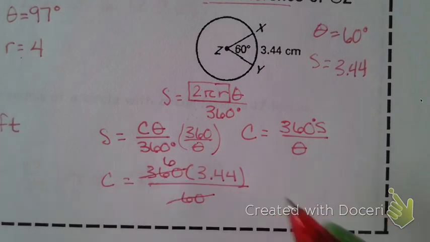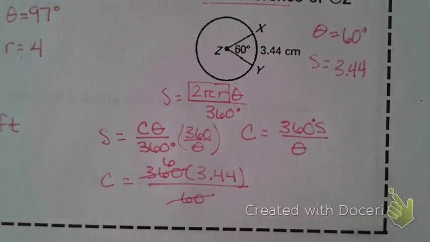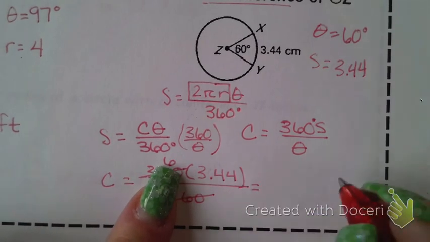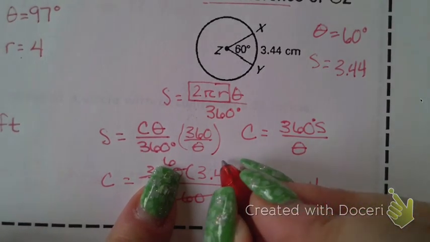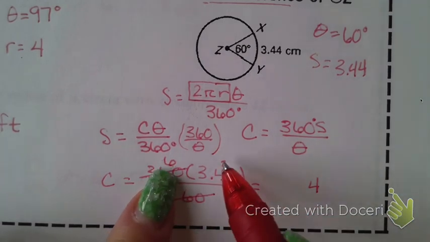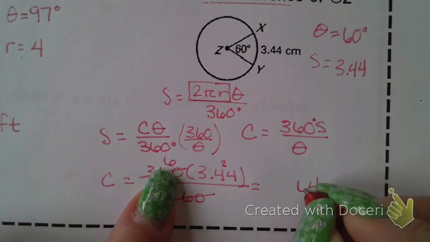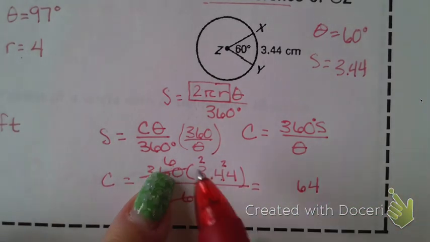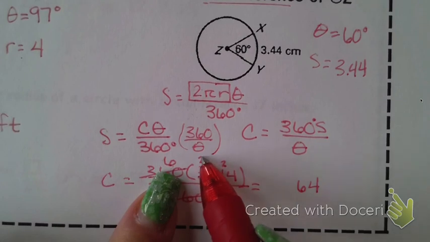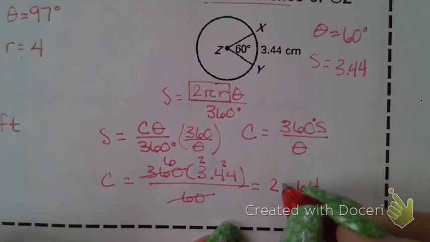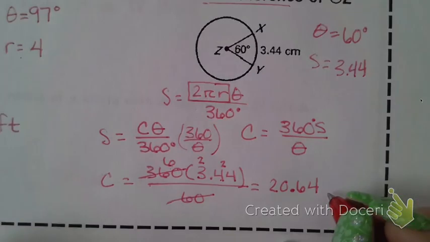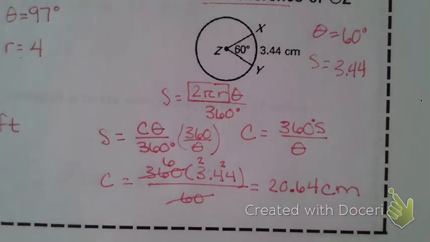So we probably can multiply 6 times 3.44, can't we? So 6 times 4 is 24. Put a 4, carry a 2. 6 times 4 is 24 plus 2, 26. So 6, carry a 2. And 6 times 3 is 18, plus 2, 20. And how many decimal places? 2. So 20.64 what? Centimeters.